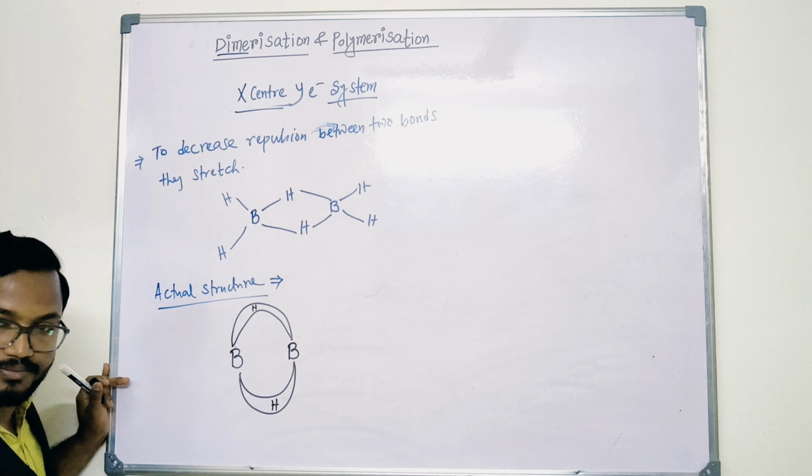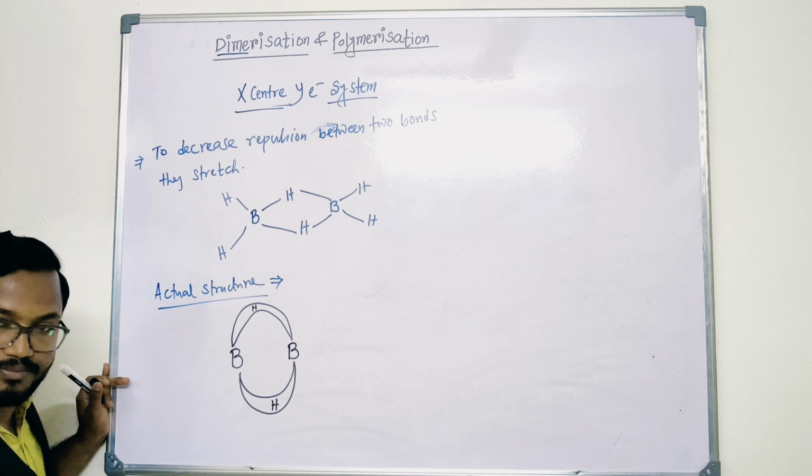It is represented as (BeH2) whole 2. Now let's draw it. There are 4 hydrogens and 2 Be. Now let's see which type of bonds these are.